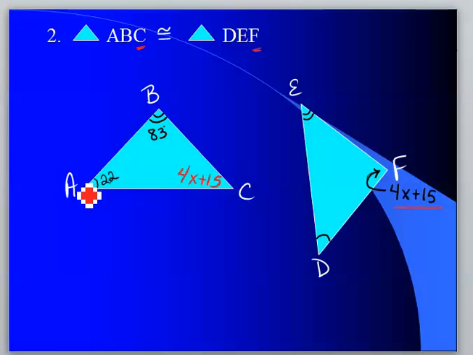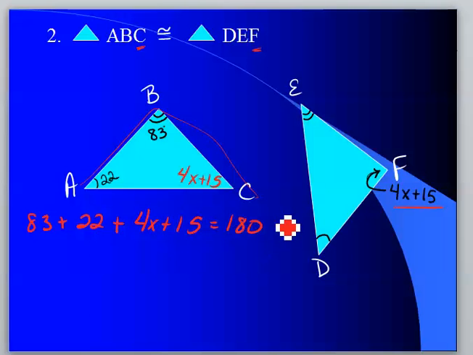When we fill that in, now we have all 3 angles of this triangle. And we know those 3 angles add up to 180. So I'm going to add my 83 plus 22 plus 4x plus 15 and use the fact that those interior angles add up to 180 to find x. Let's start with like terms. 83 plus 22 is 105, plus 15 is 120.